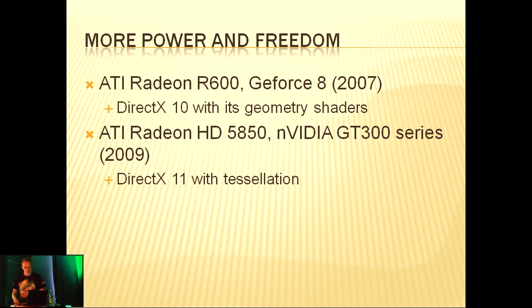Then we got the R600 and GeForce 8 with DirectX 10 and its geometry shaders. Personally, I think geometry shaders are useful, yes. You can generate fins and fur with them, but really the API changes that came with DirectX 10 were remarkable in my opinion, because you were able to create immutable objects that could be validated before you actually use them.